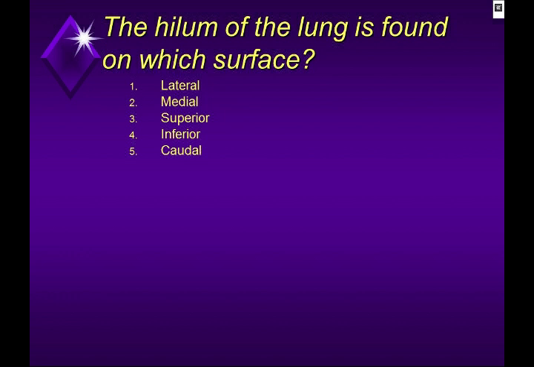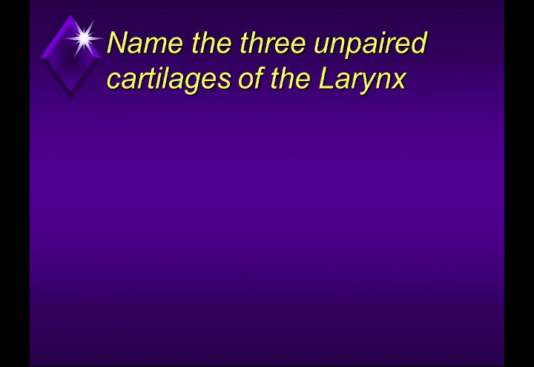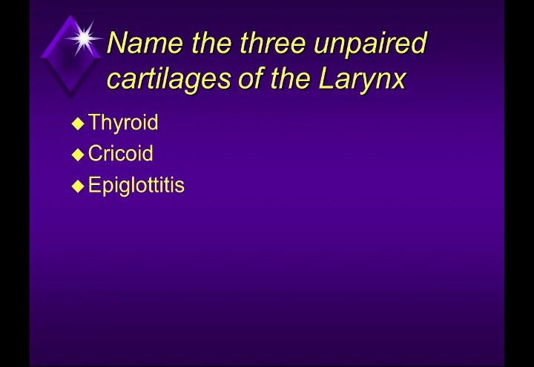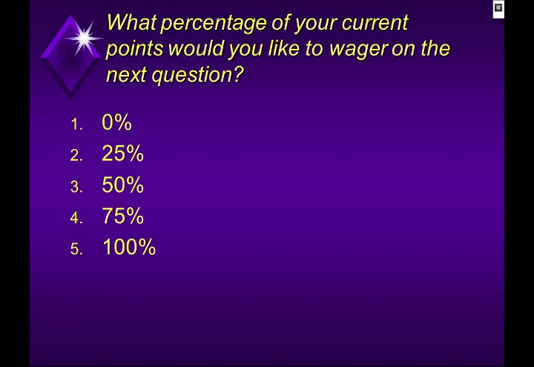Hilum is located on which surface? Medial. Unpaired cartilages? I know we just went over this today, so it's kind of unfair. Arytenoid, cuneiform, and corniculate. Oh, I'm sorry, unpaired. Thyroid, cricoid, and epiglottis.